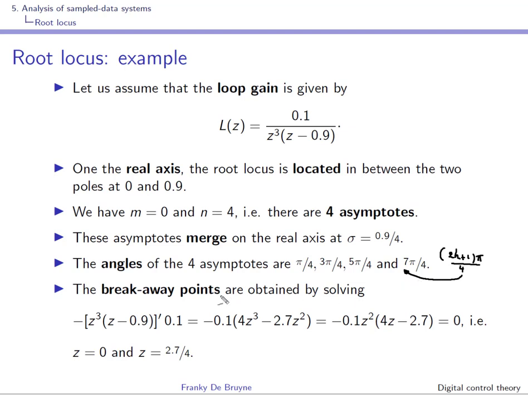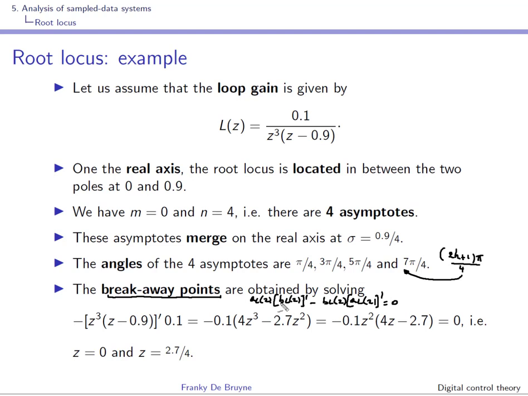We can also compute the breakaway points, and in this case we have to solve A_L(z) times the derivative of B_L(z), minus B_L(z) times the derivative of A_L(z), and find the roots of that.